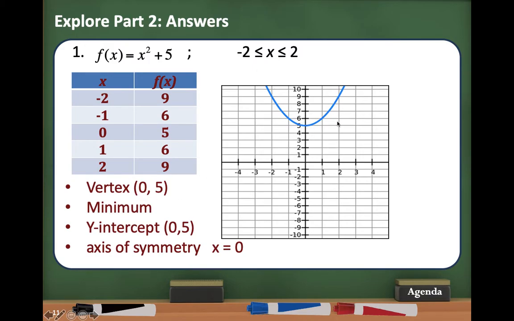It's a minimum, so this function got us a minimum. The y-intercept for this parabola is (0, 5). That's weird, same. And the equation for the axis of symmetry, here's our axis of symmetry. Let me draw it in, actually.